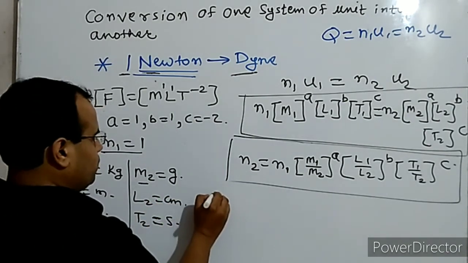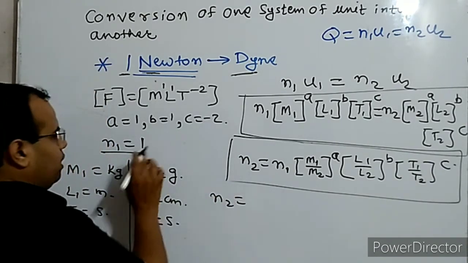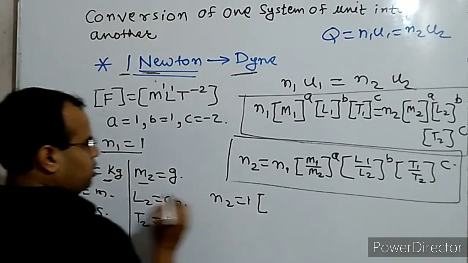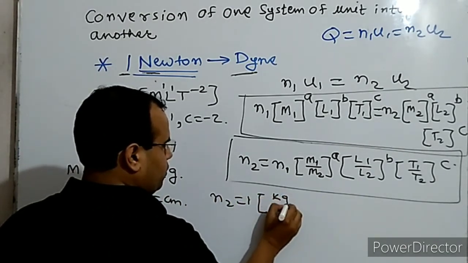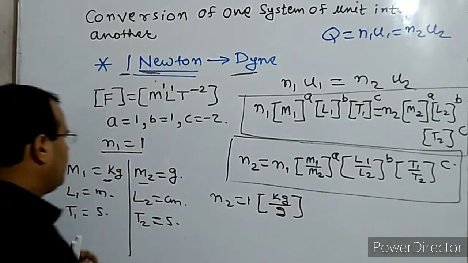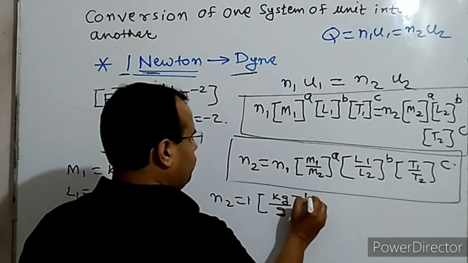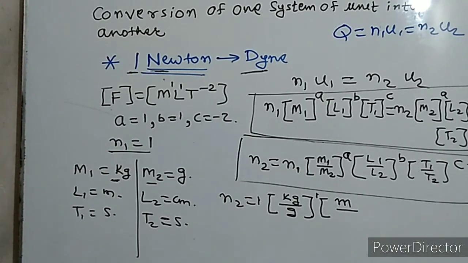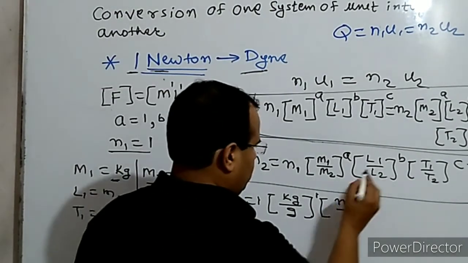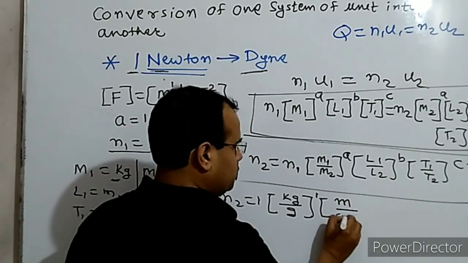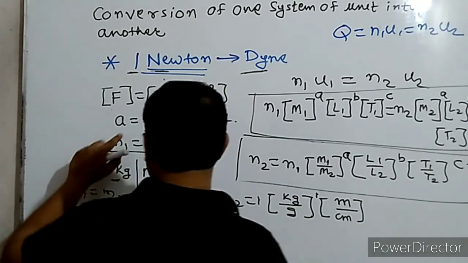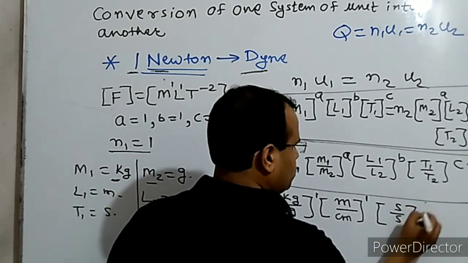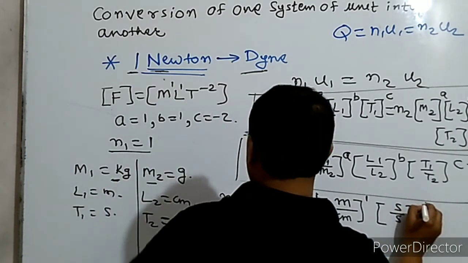Now let us substitute these values. N2 is equal to N1, which is 1, into M1, kg, divided by gram, its power A is 1, then L1, length, meter, divided by L2, centimeter, its power B is 1, and T1 second upon second, and its power is minus 2.